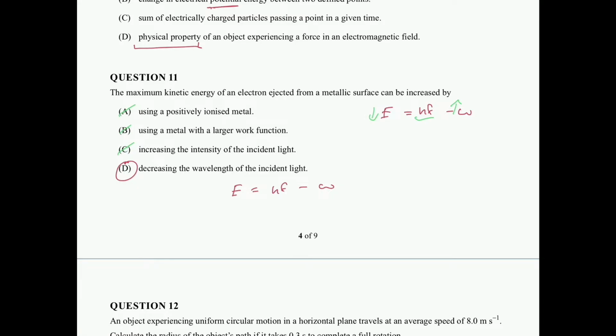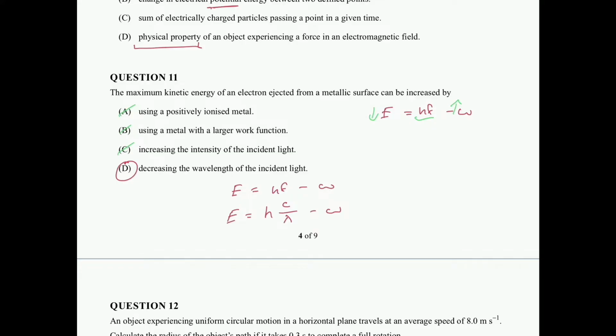We already went over in a prior question what frequency is equal to, so I'm just going to substitute that straight in. E is equal to h multiplied by frequency, where frequency is equal to the speed of light divided by the wavelength, minus W. So our question is decreasing the wavelength of the incident light.